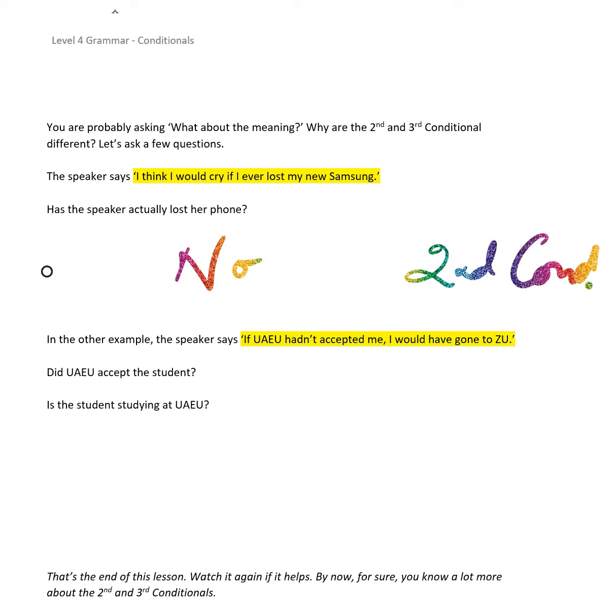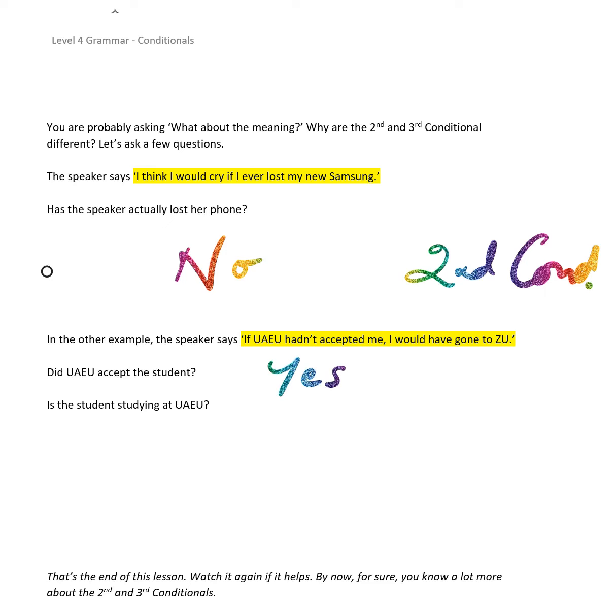In the other example, the speaker says, if UAU hadn't accepted me, I would have gone to ZU. Now, did UAU accept the student? Is the student studying at UAU? What are the answers? Well, yes, UAU did accept the student.